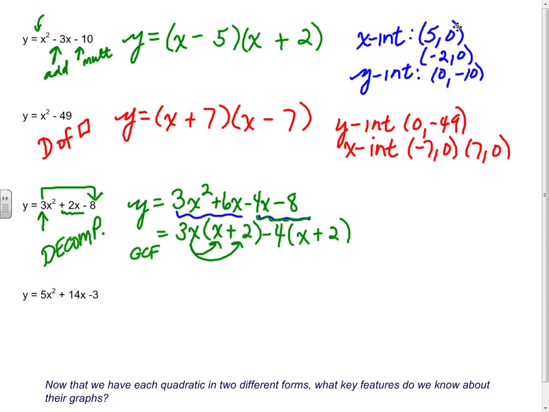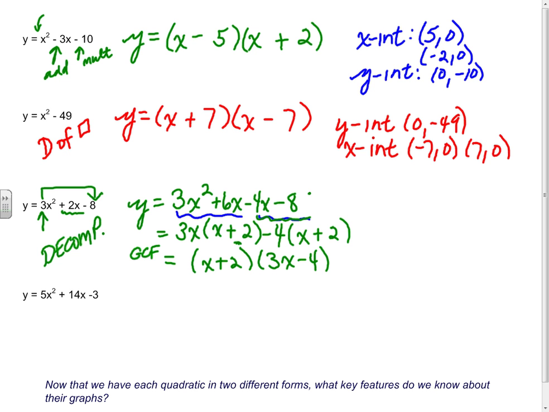When I have common factored by grouping, I will collect like terms, a greatest common factor, which now is x plus 2. And the leftovers, which is 3x minus 4. If you do a FOIL on that, you will get the first line here.